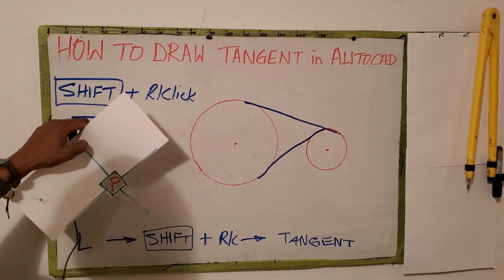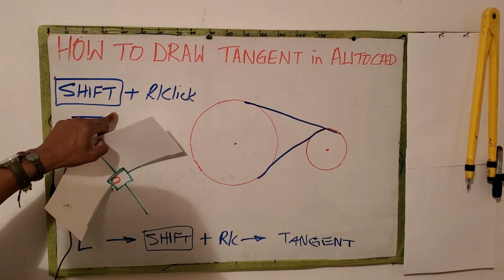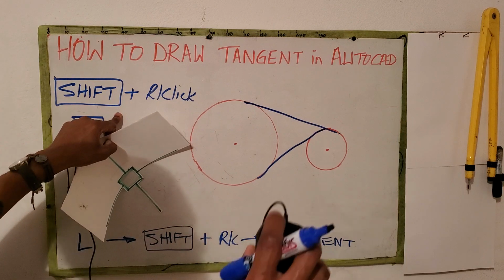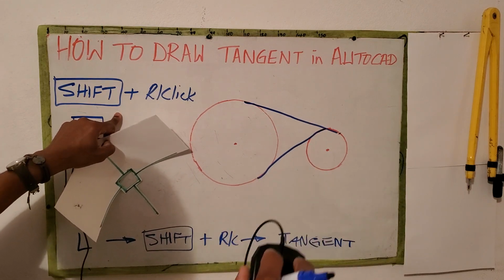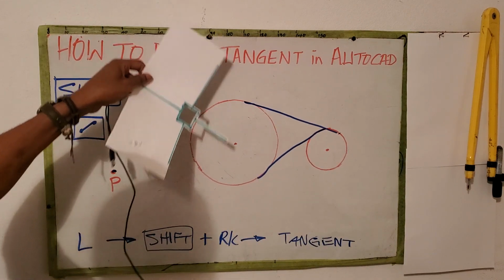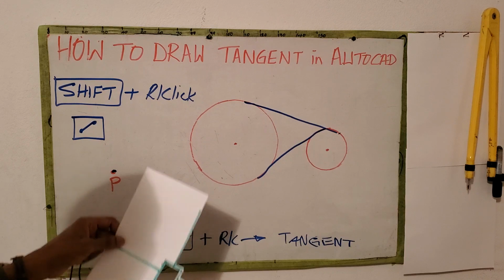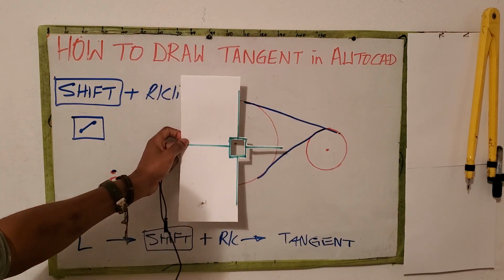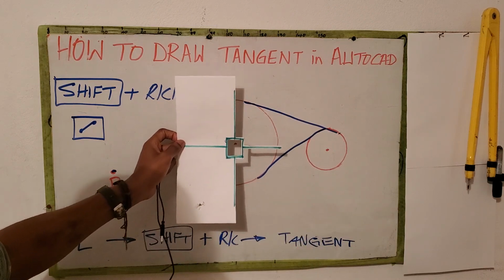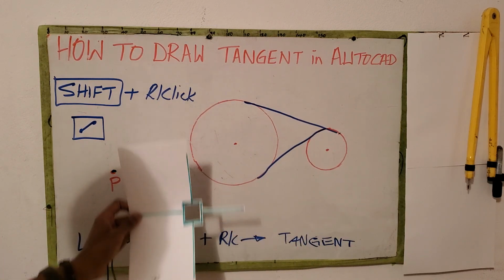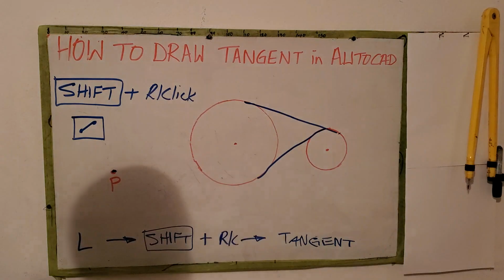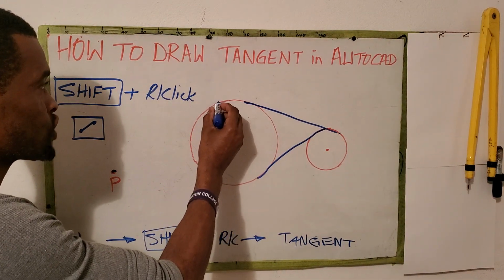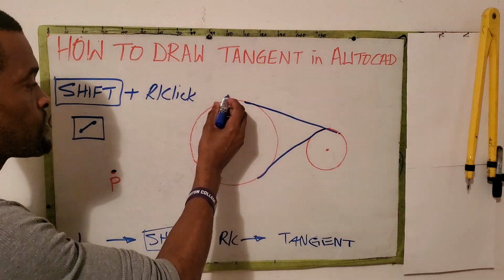I will then hold down the shift key and right click on my mouse to bring up the tangent dialog box. I would then go down to tangent, left click onto tangent, then go up to the circle. If I want my tangent to form at the top, I will click someplace here.